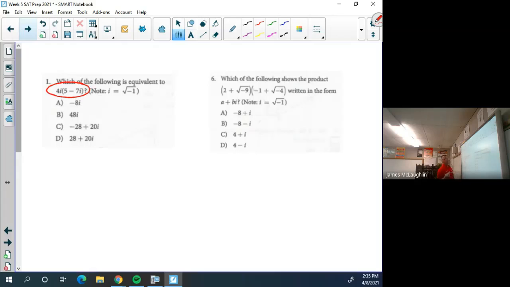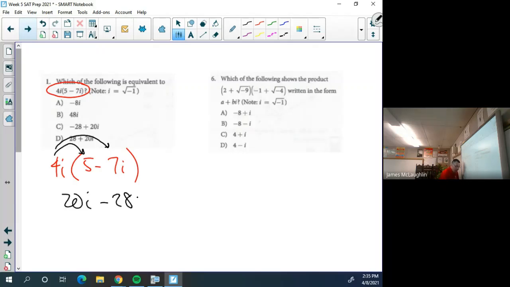This problem is the distributive property, right? So if we say we got 4i and we got to multiply it by 5 minus 7i, first things first would be if we multiply the 4i times the 5, that gives you a 20i. Oh, there's 2 questions that have 20i in them. We take the 4i and we multiply it by the -7, that makes -28i squared. So we do say that i is equal to the square root of -1, and i squared is -1.